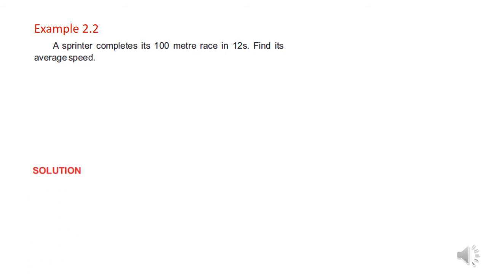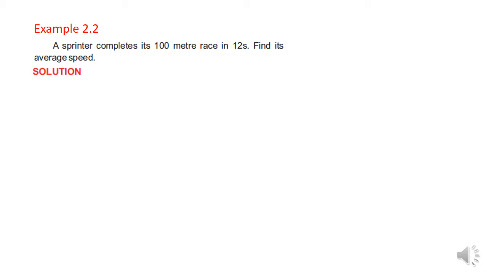As an example, a sprinter completes a 100-meter race in 12 seconds. Find its average speed. A sprinter is an athlete who runs for a short distance.